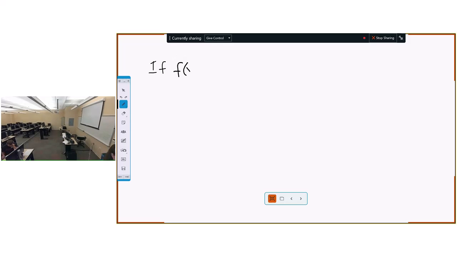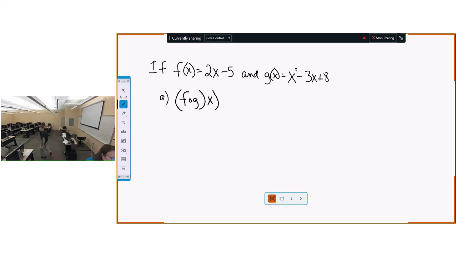So if f of x equals 2x minus 5, and the function g of x is x squared minus 3x plus 8, we're going to find several things, but the first thing we're going to find is f circle g of x.